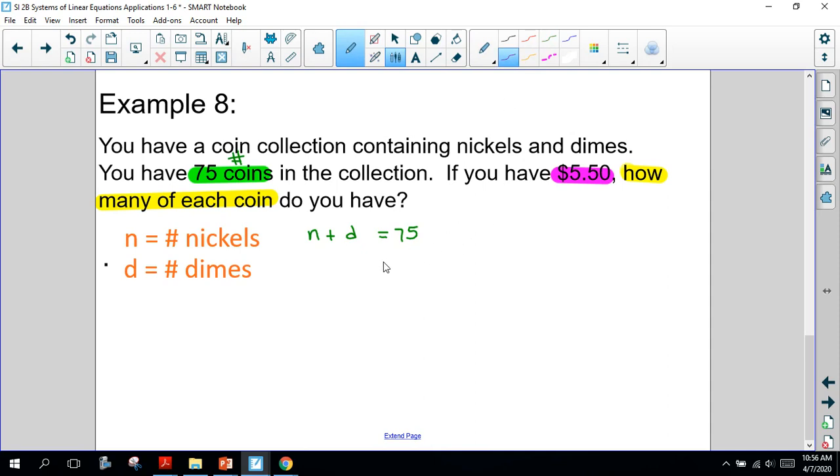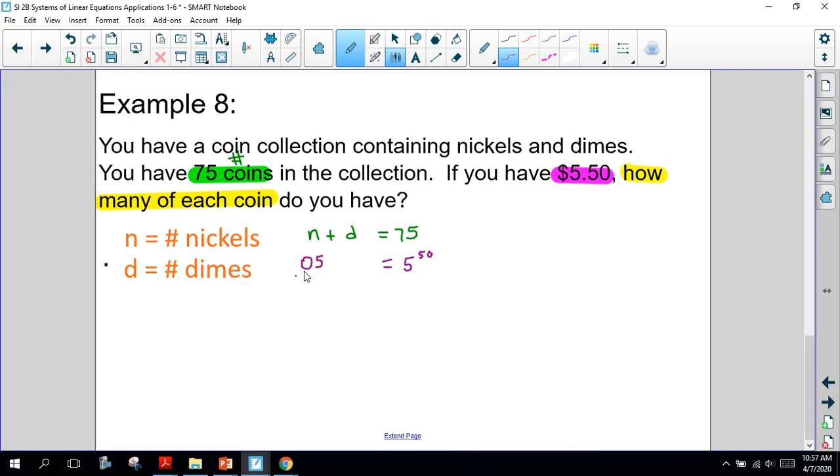The next equation, once again, $5.50. That is the value of the collection. And what's adding to the value of this $5.50? It's every nickel and every dime. Well, we know the value of the nickel is 0.05. So we've got to bring in this background knowledge of the value of a nickel.